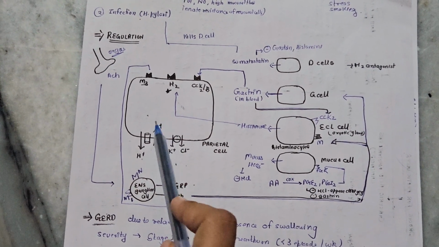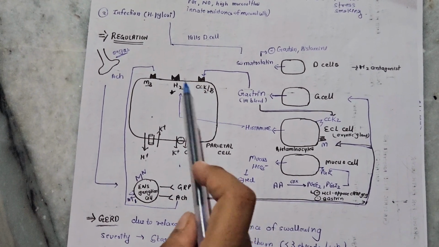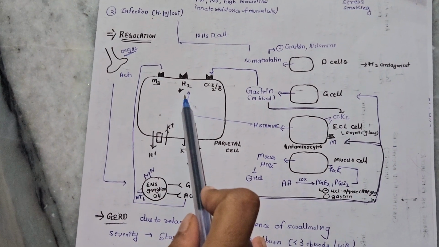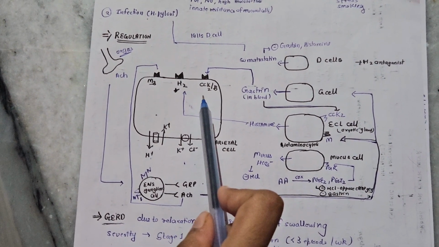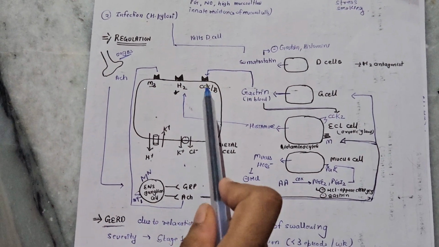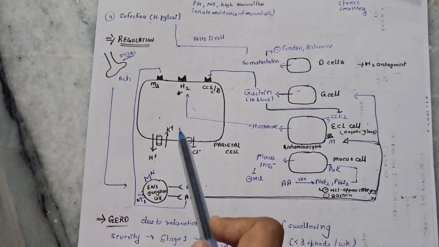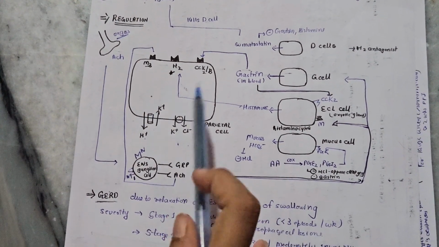It is stimulated or activated by mainly three receptors, which include muscarinic M3 receptors, histaminic H2 receptors, and CCK2B or gastrin receptors. These three mainly activate the proton pump.